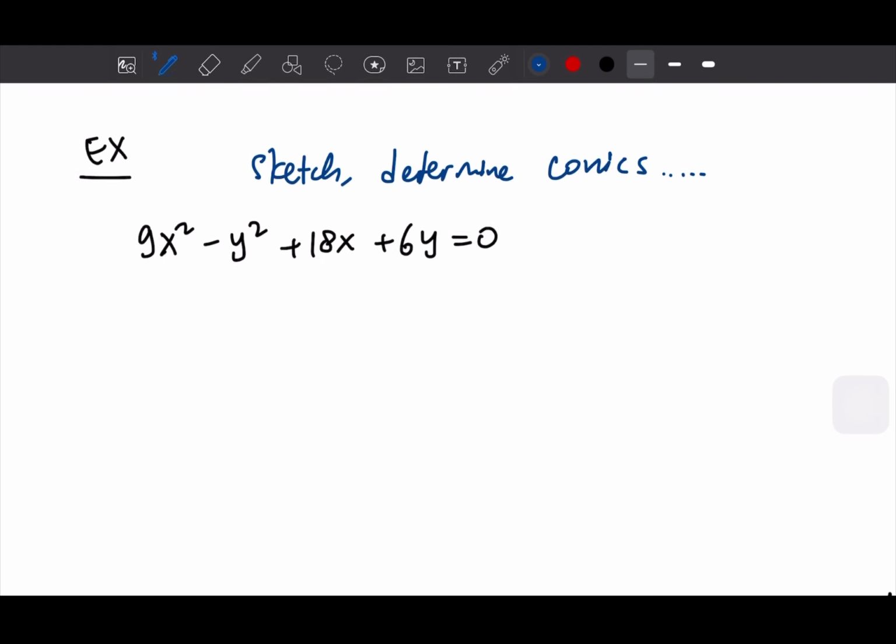Because of this part, 9 and negative 1 here, it's supposed to be like a hyperbola. But let's try to prove whether this is a hyperbola or not.